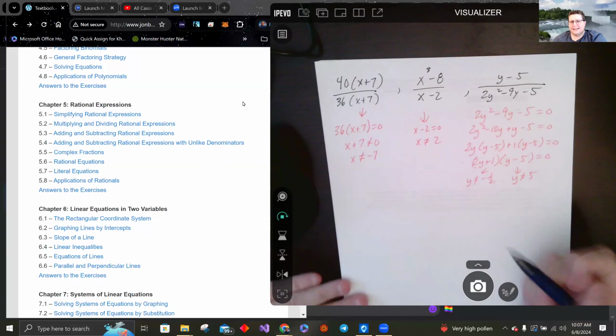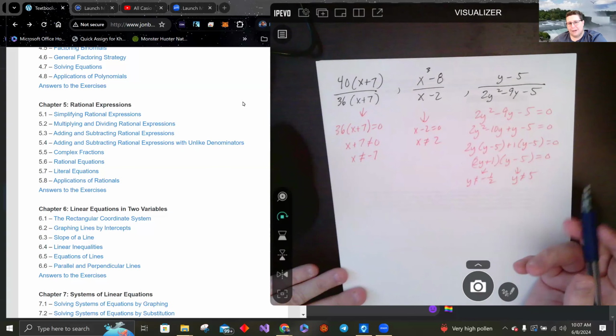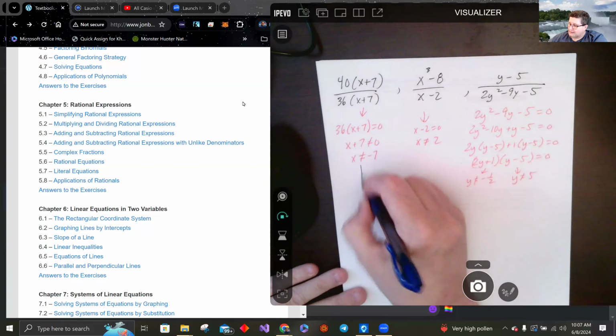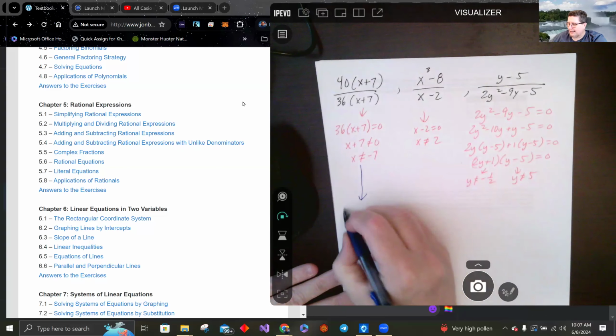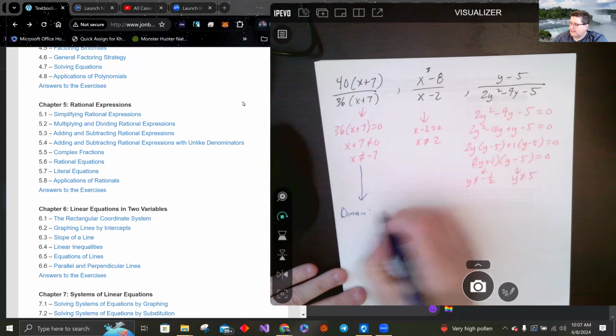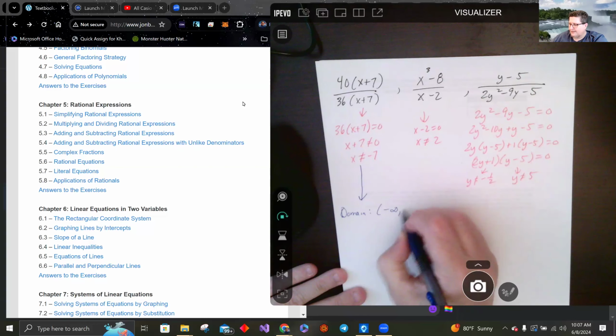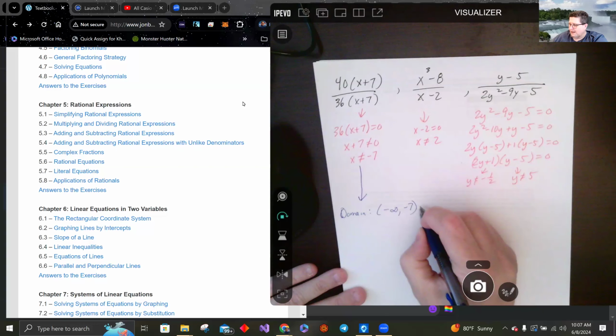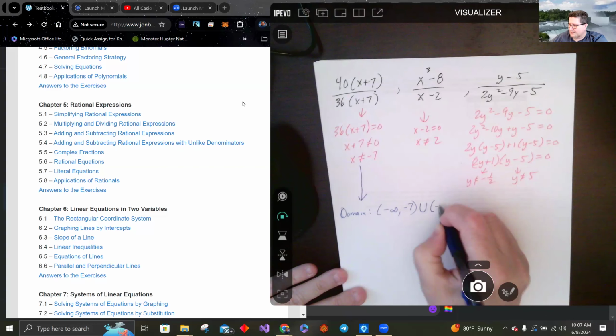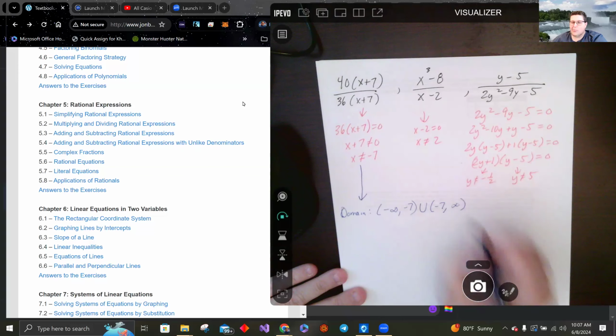So if we were to write the domain, we could do it like this. The domain is negative infinity to negative 7 in union with negative 7 to infinity.